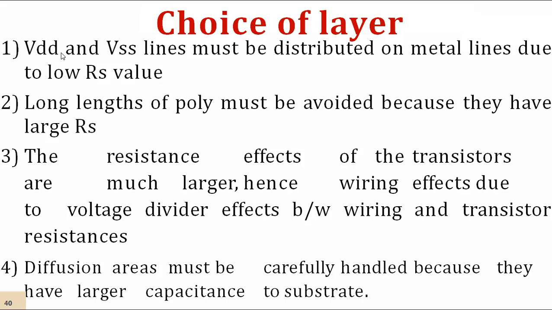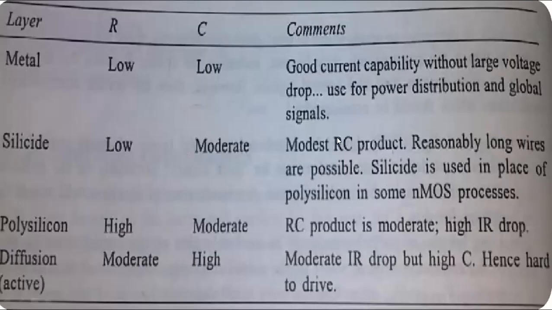VDD and VSS lines must be distributed on a metal line due to low resistance. These are the choices of the layer. For metal and silicide the values are low, for polysilicon high to moderate, and for diffusion capacitance is high and resistance is low. This is an important chart.